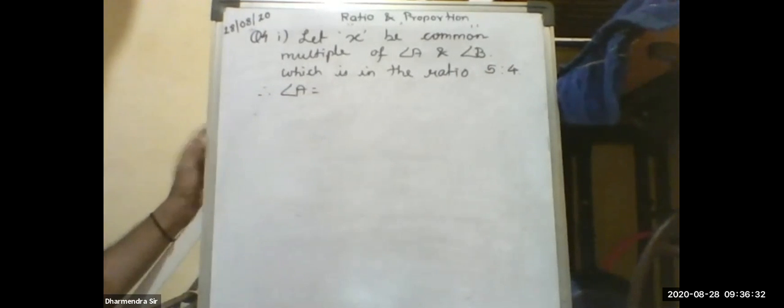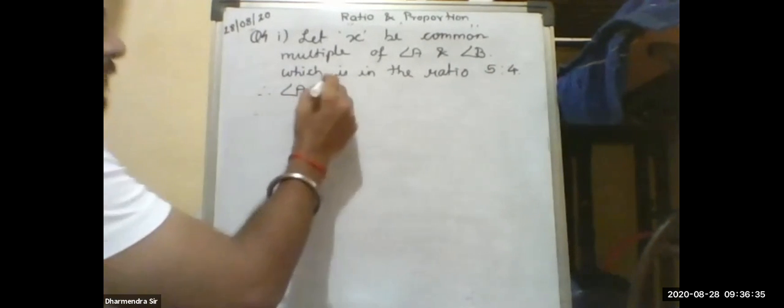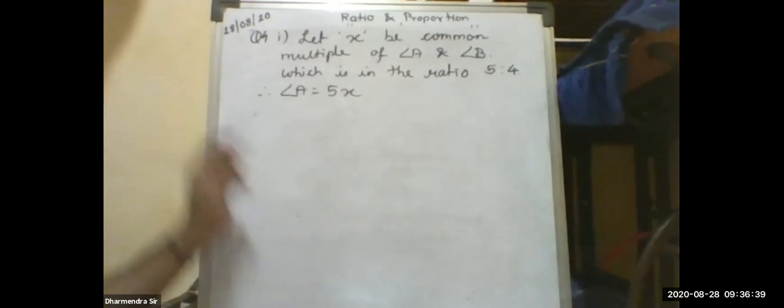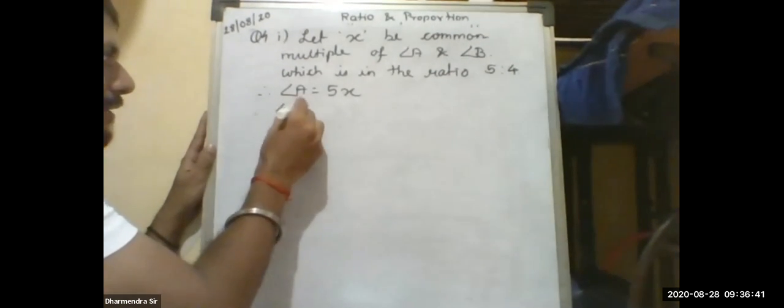Therefore, as it is having some common multiple, angle A will become 5x. We have taken the common multiple as x, as I have explained here. Angle B will become 4x.